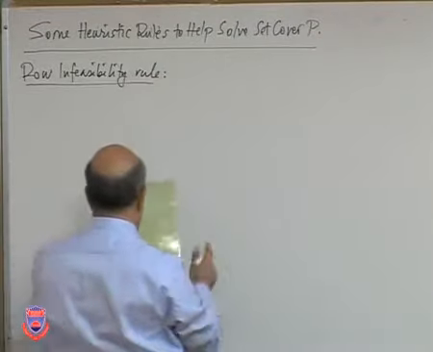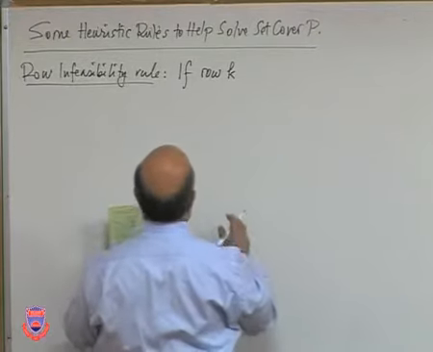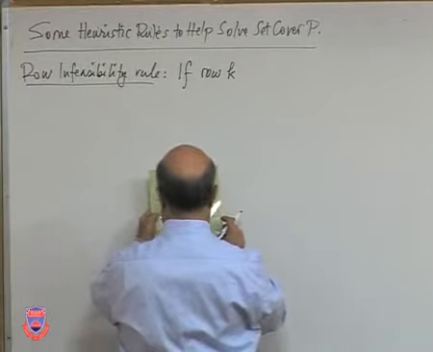If row k of the A matrix has all zeros, what do you conclude? There's no feasible solution, because regardless of what you do, you cannot cover that.